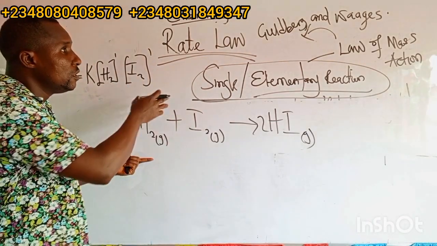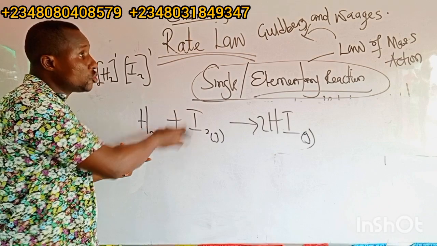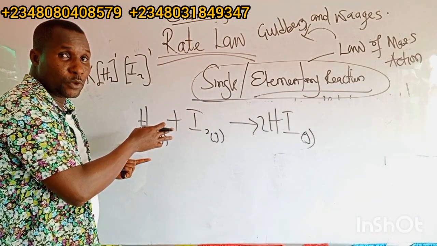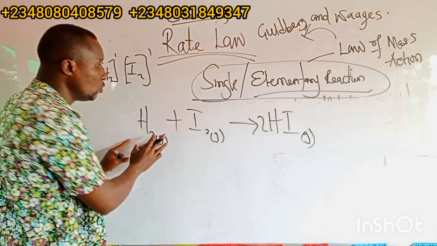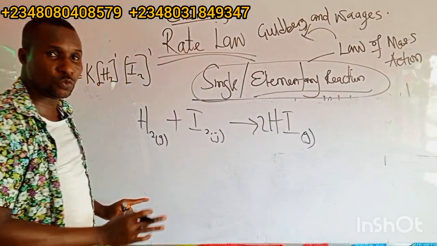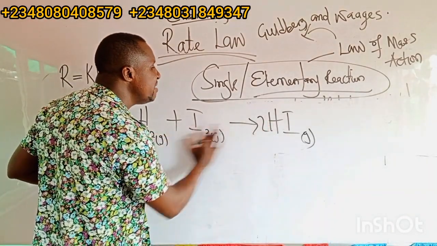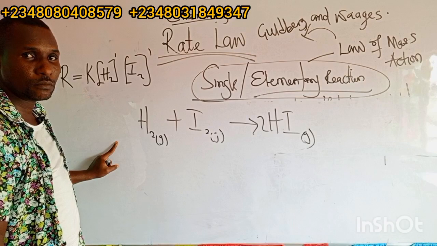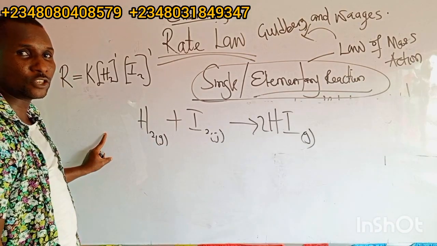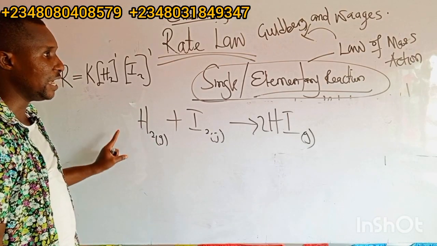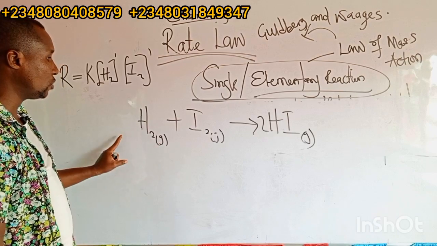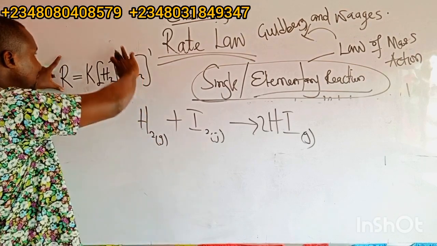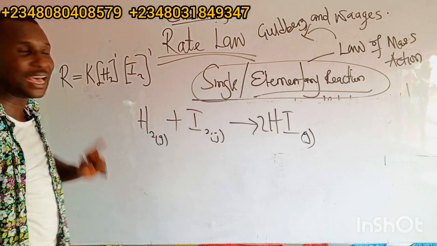That means we use the law of mass action, postulated by Guldberg and Waage, to determine the rate law for this. Why? Because this is an elementary reaction, a single reaction. This law obeys the law of mass action.